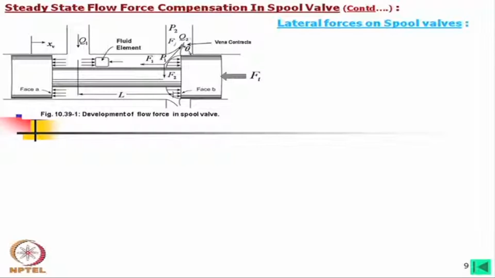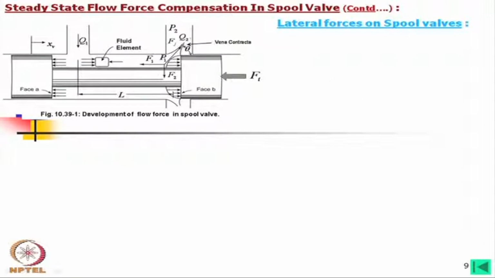Again, if we consider this cylindrical surface, that cylindrical surface may have several defects. One is that they are not perfect, the surface is not parallel to the axis, some taper is there, or the center of the sleeve and the center of the spool is shifted.